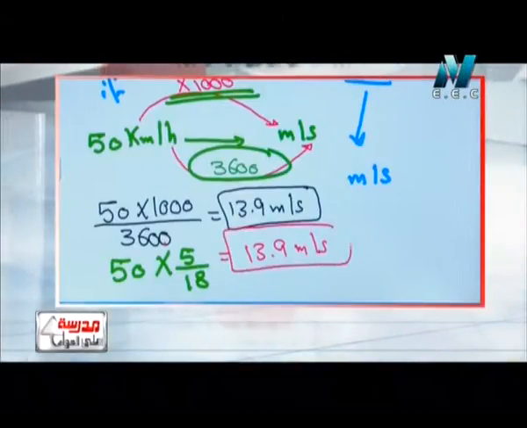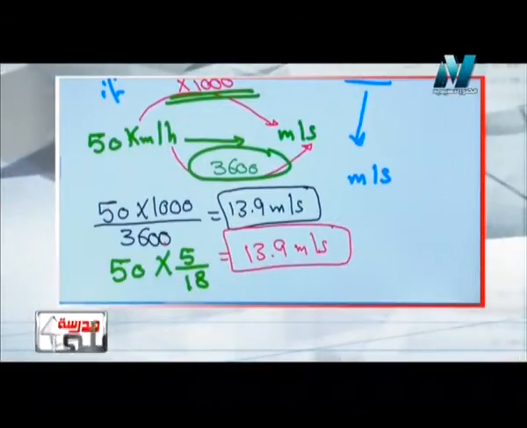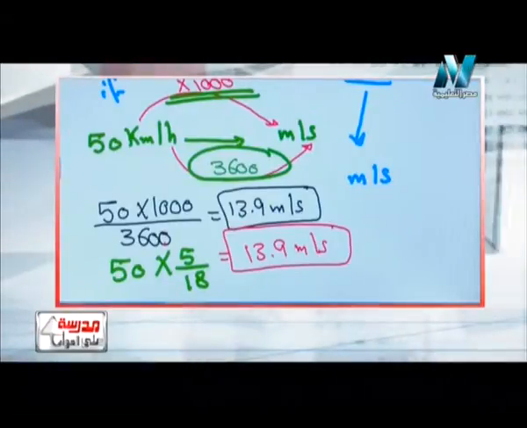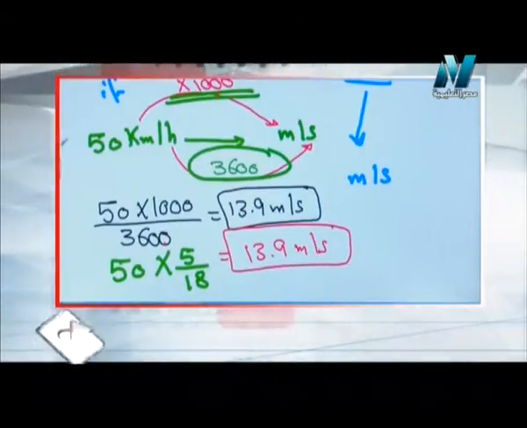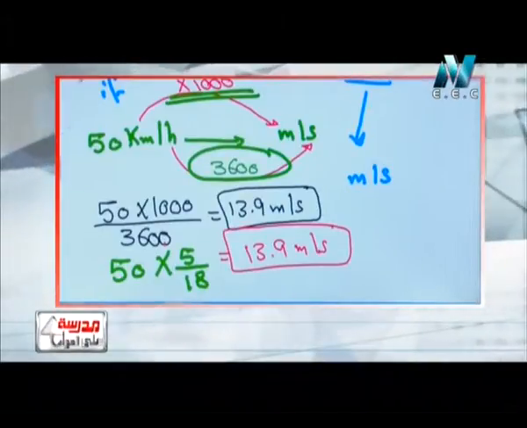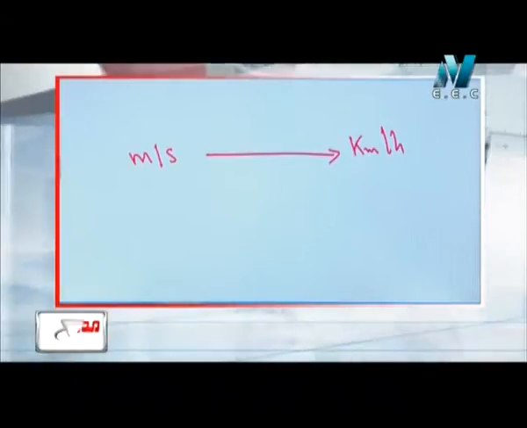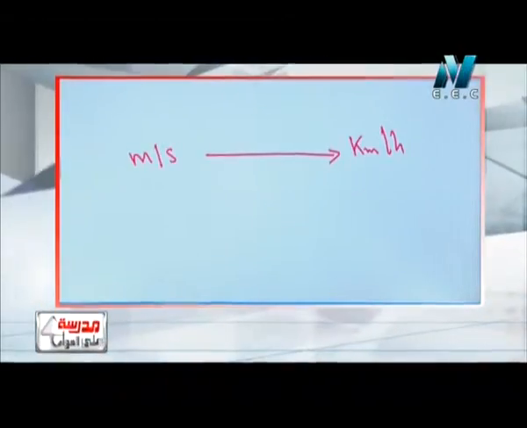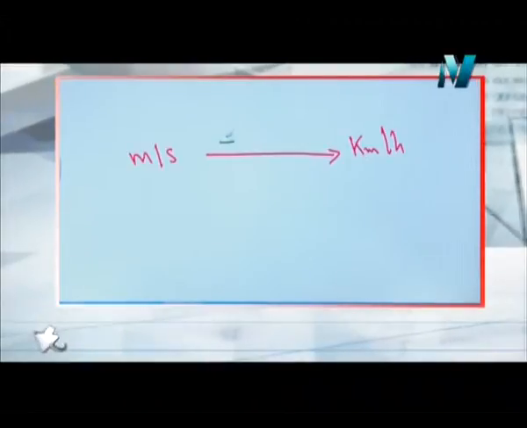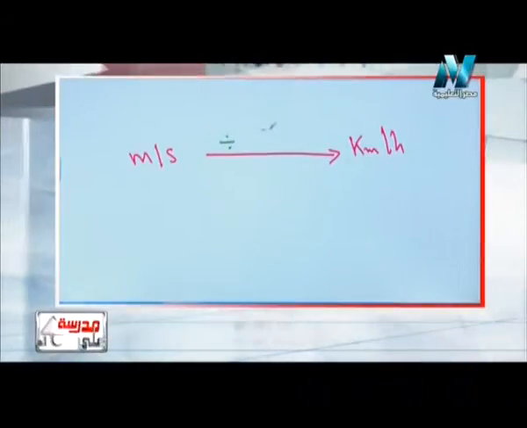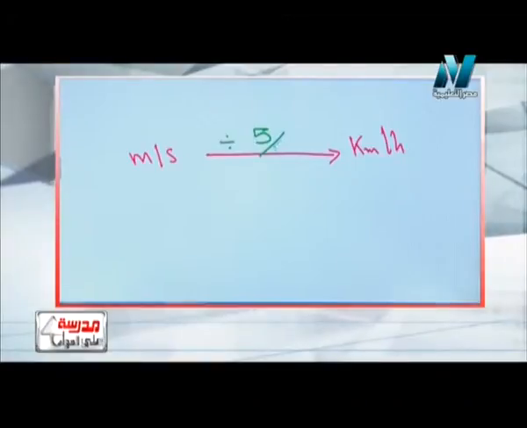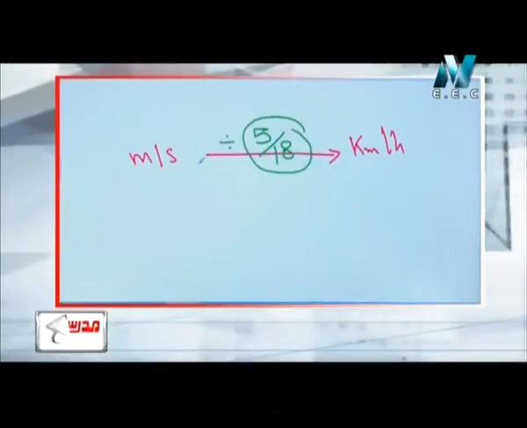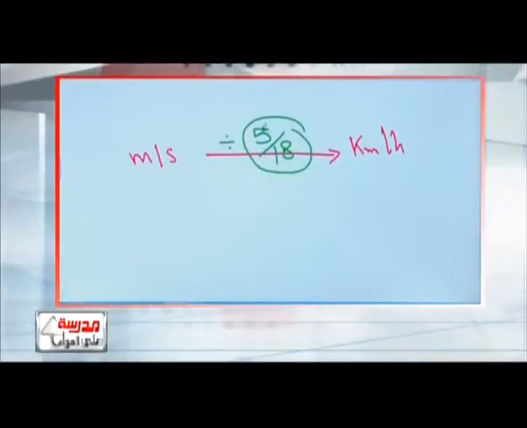So now we can convert from kilometer per hour into meter per second and vice versa. If someone asks how to convert from meter per second into kilometer per hour, from the smallest quantity to the biggest one we divide, over 5 over 18.